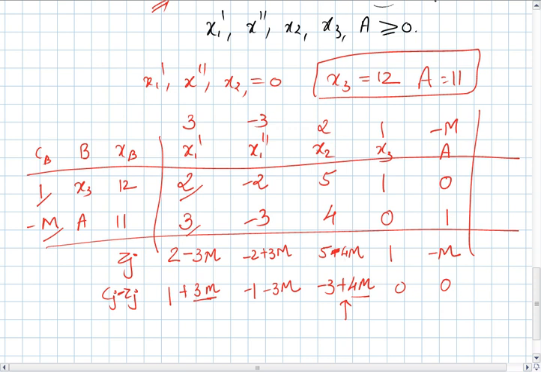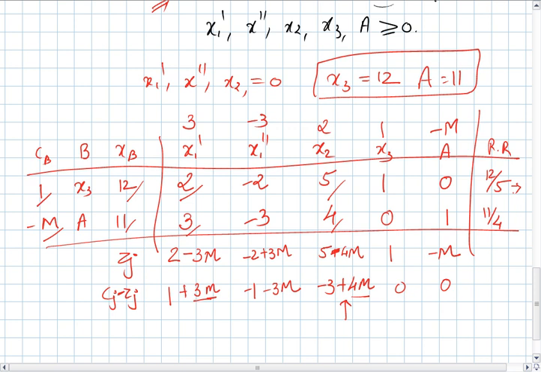Now to evaluate which variable will leave the basis, you have to find the replacement ratio. For that, divide 12 by 5 and 11 by 4, and find which one is smaller. 12 by 5 is smaller than 11 by 4.